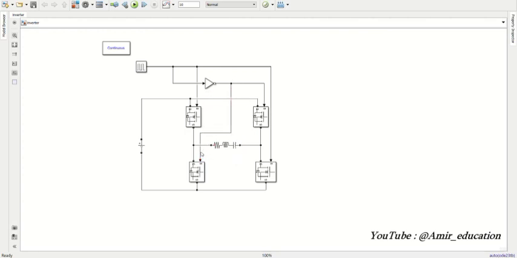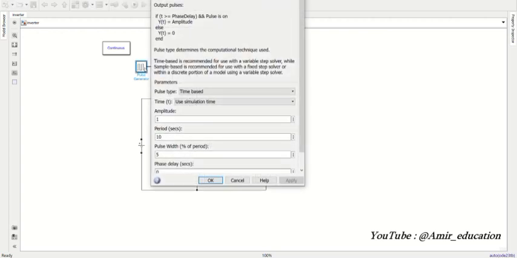All right. And now let's add our measurement blocks. And before that, let's set this.